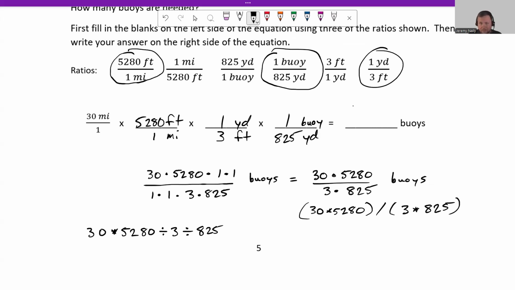Okay, so however you get there, I'm getting 64 buoys.